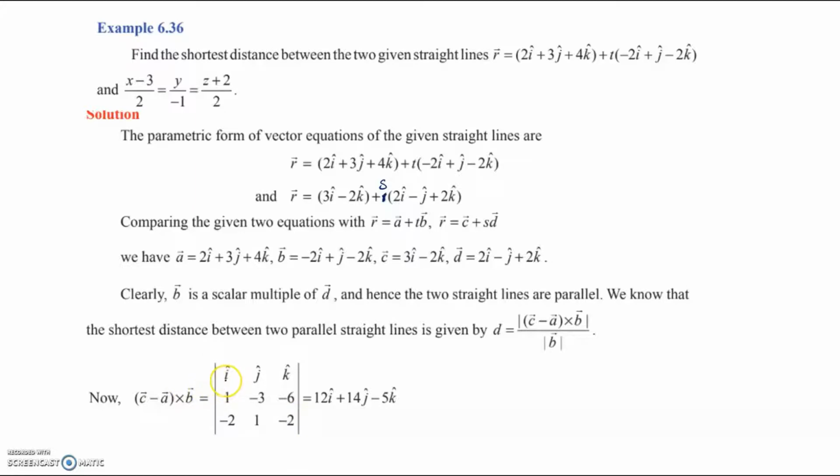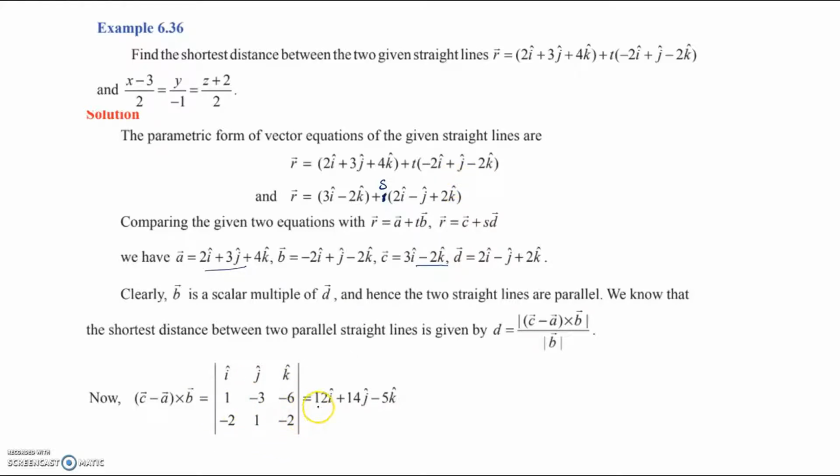Here the first row is i cap, j cap and k cap. Then the second row would be the coefficients of i, j, k of c minus a vector. So your c vector is this and your a vector is this. So c minus a would be 3 minus 2, which is 1, and 0 minus 3 will be minus 3, minus 2 minus 4 is minus 6.